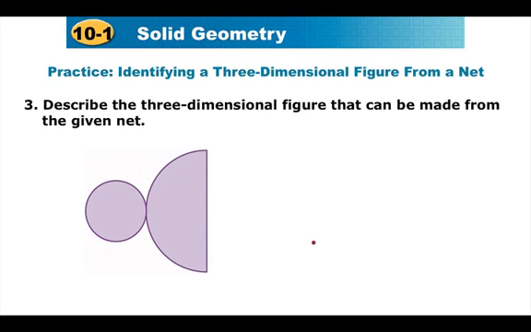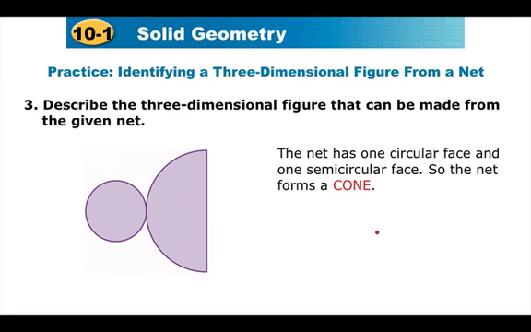Number 3, this is the one that you saw earlier. It says same direction as number 2. So what do we get once we create a three-dimensional figure? This one has no edges, but once you create a 3D figure, you're going to end up with a cone. This is going to be your base, and this is going to create the pointy side.